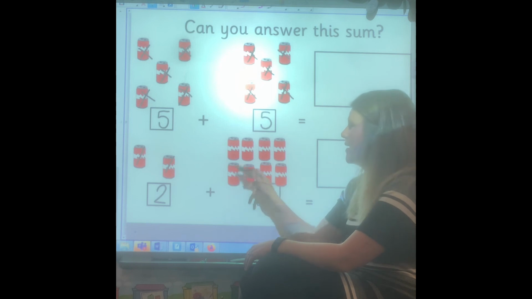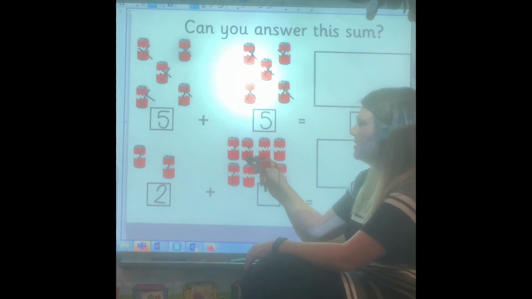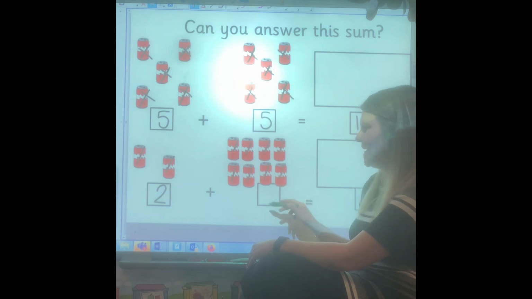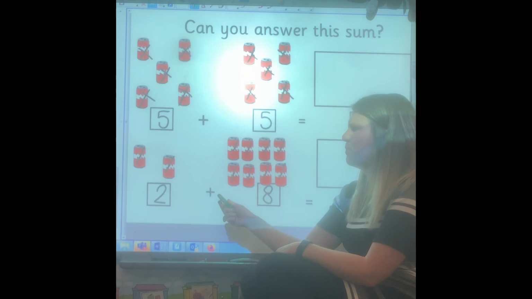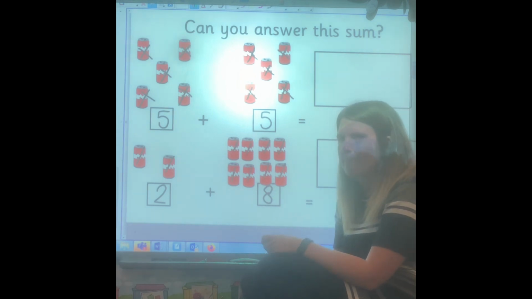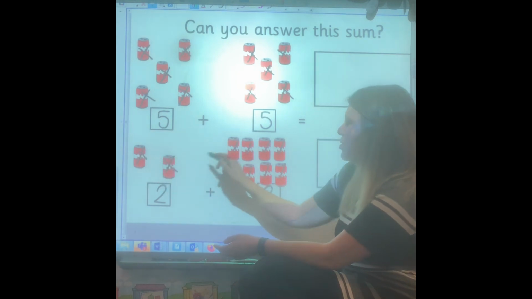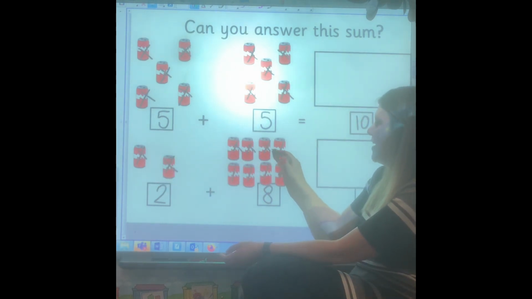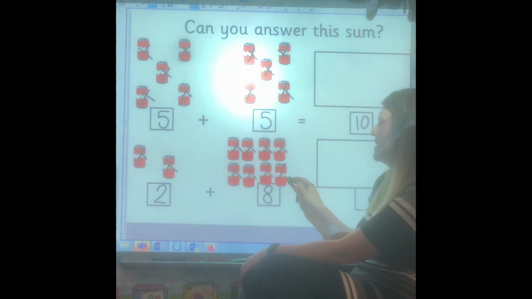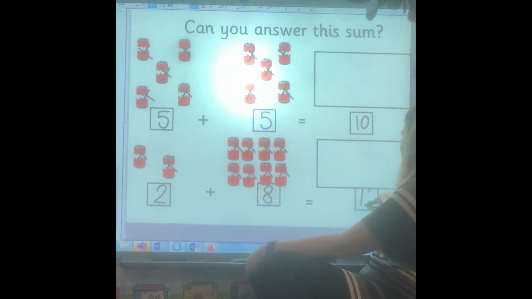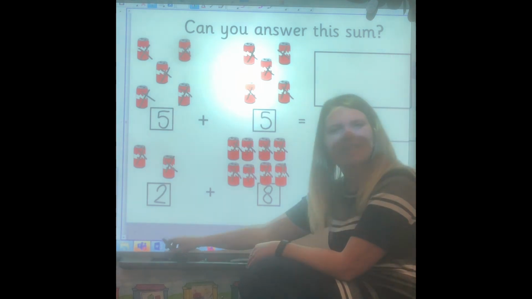We count them to check. 1, 2, 3, 4, 5, 6, 7, 8. So we should be adding on 8. And 2 plus 8, what does that equal? How much is that all together? Will we check? 1, 2, 3, 4, 5, 6, 7, 8, 9, 10. 8 plus 2 equals 10.